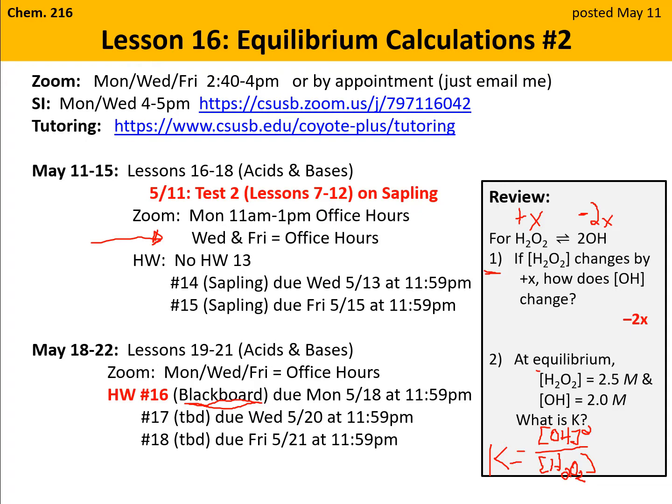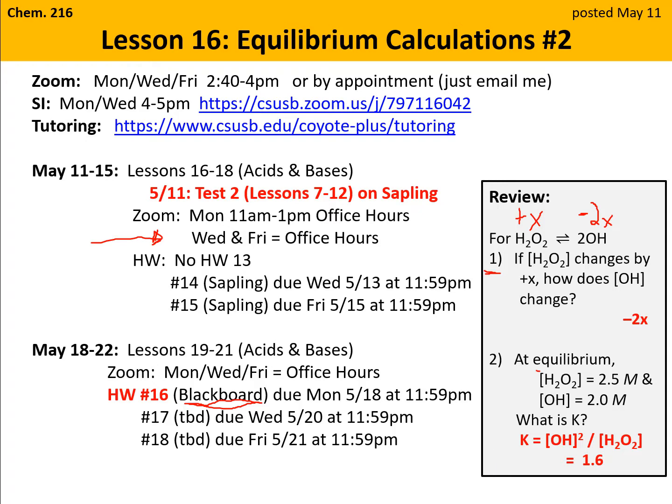So OH squared over H2O2, and I plug these in. That'll be 2 squared over 2.5. I do the math, and what do I get? I get 1.6. So that is a review of last time.